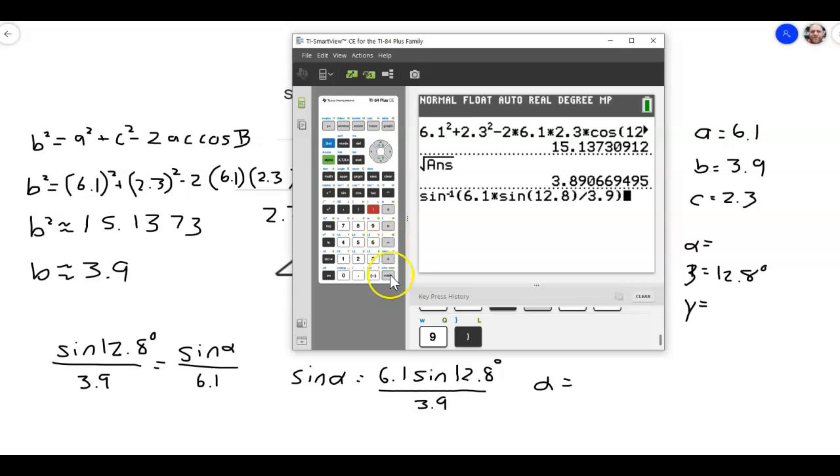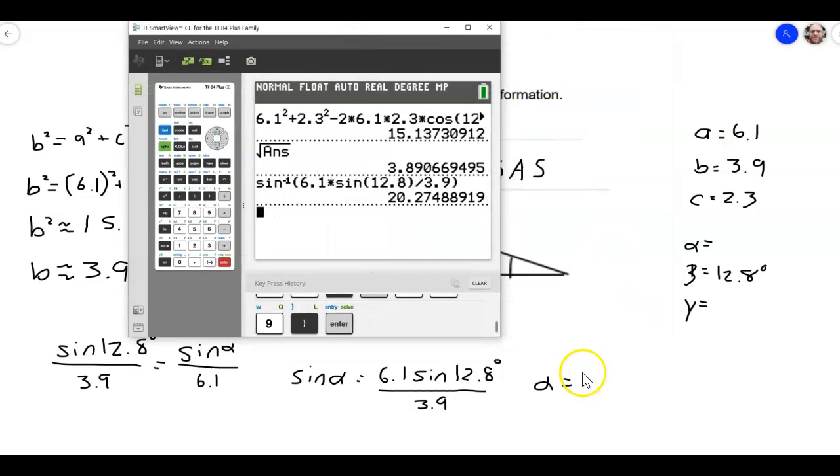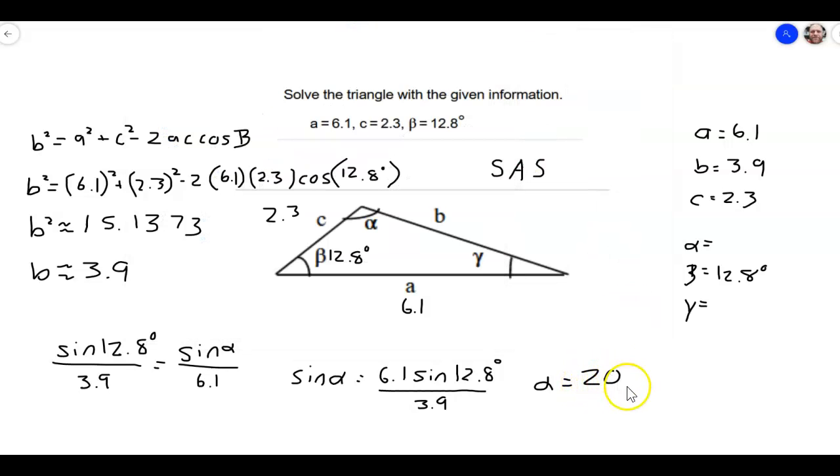All right, and what do I get? I get 20.3. Now remember, with the inverse sine, I also have to look at 180 minus 20.3 as a possibility.